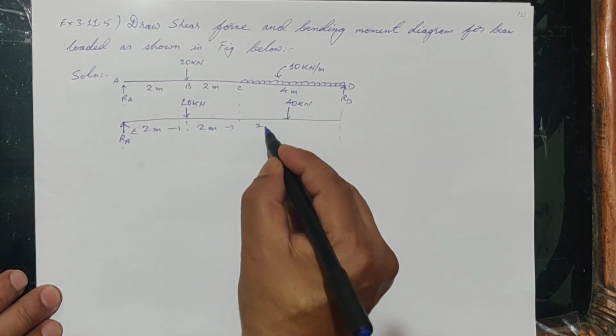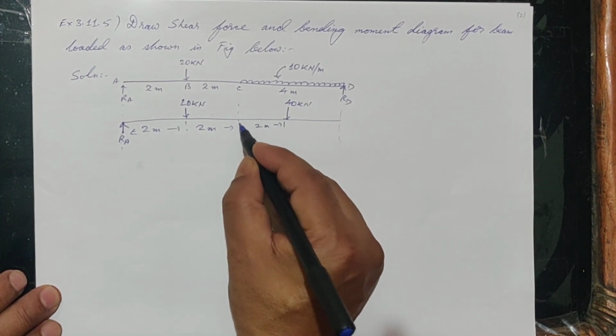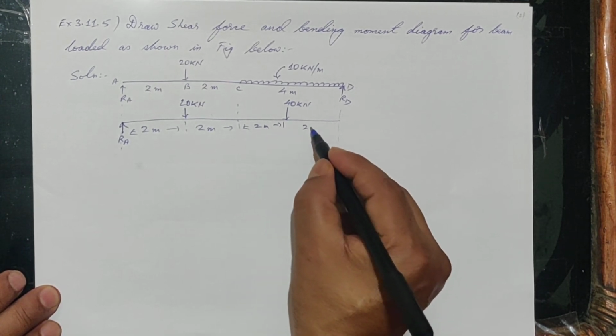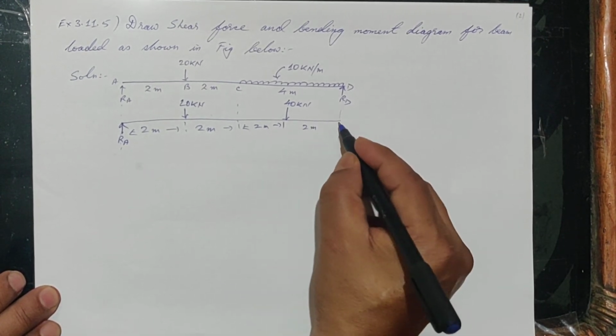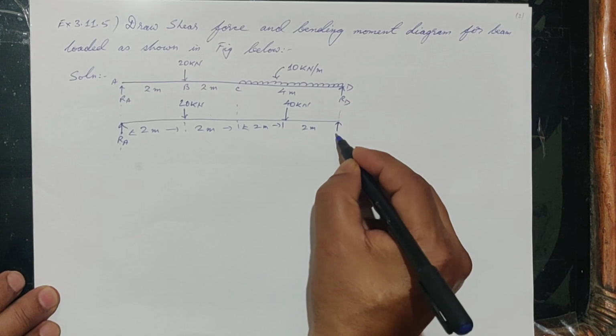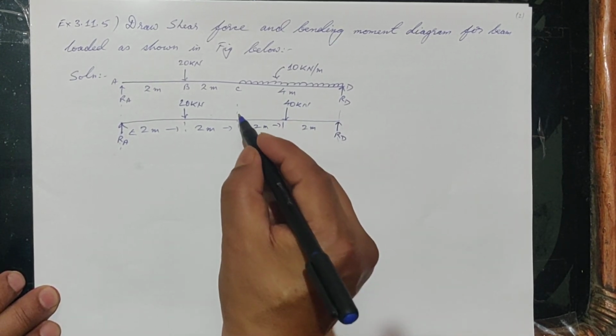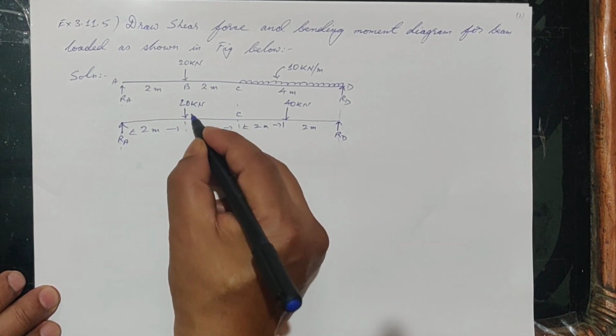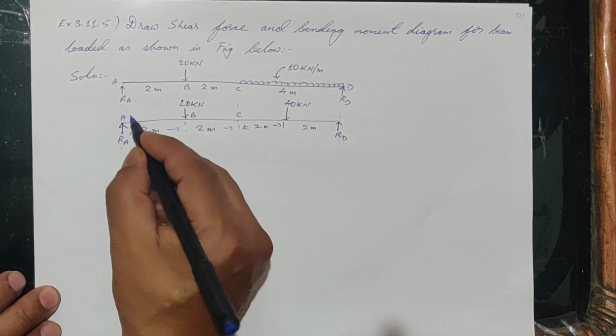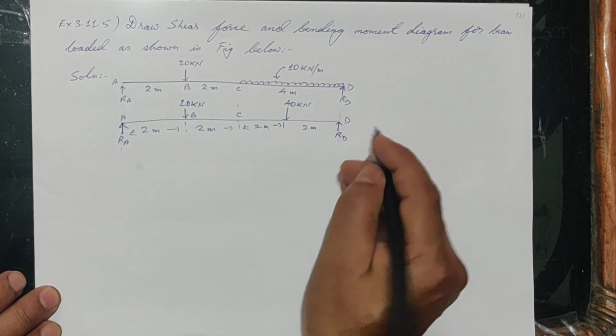It will act again at 2 meters. And 2 meters from here, we have RD. This is our C point, this is our B point, this is A point, and this is D point.